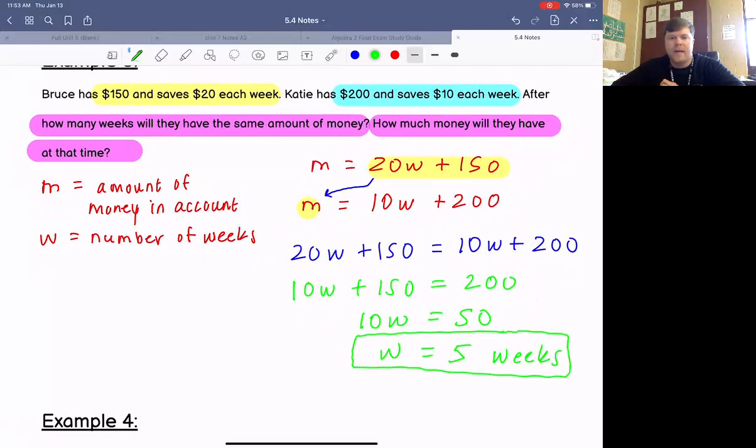And so the problem asks, how much money is that actually? They're asking you to find M. So we're going to take 5 and we can actually substitute it back into either one of our red equations up there. I'm just going to do the bottom one, I guess. So it's going to be M equals 10 times 5 plus 200.